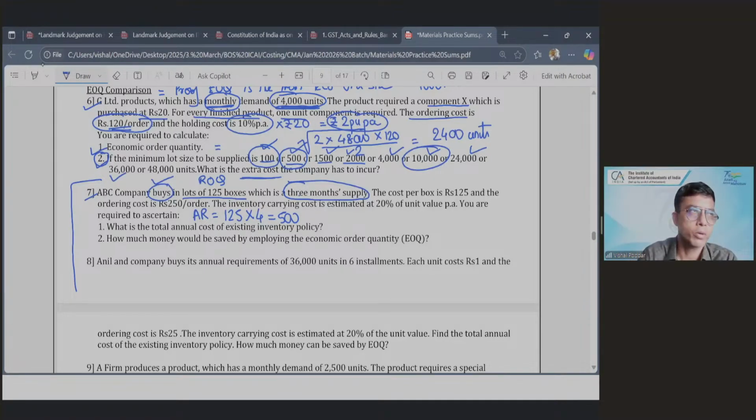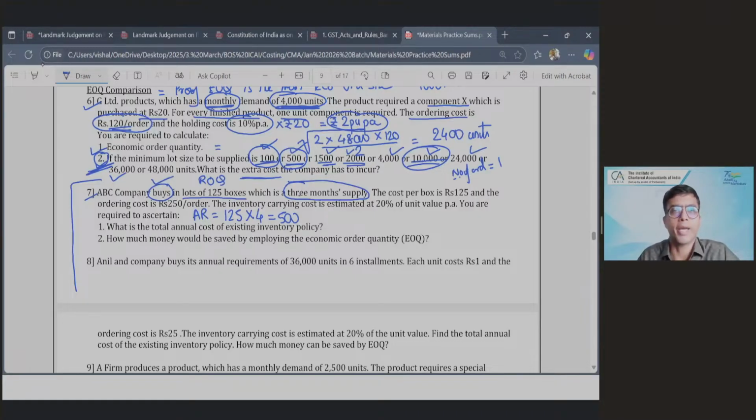So Riddhi had put this question in chat also. In the previous example, when you were solving all these different order sizes and took 10,000 as the order size, AR divided by order size gives the number of orders. Because we divide AR by EOQ or order size, it gives the number of orders.